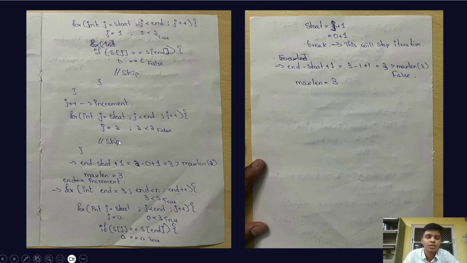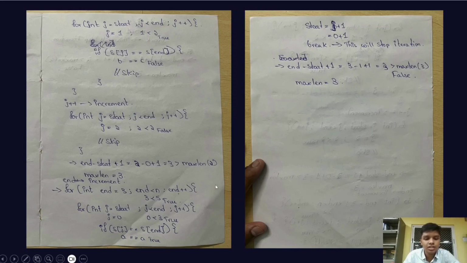We'll skip the rest of the code and calculate the maximum length: end minus start plus 1. The end is 2 and start is 0, plus 1, which is 3, which is greater than the previous maximum length of 2. So maximum length is 3 and end is incremented.